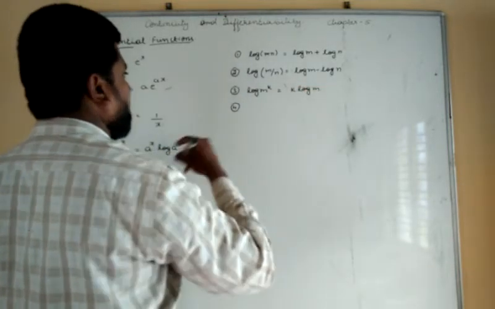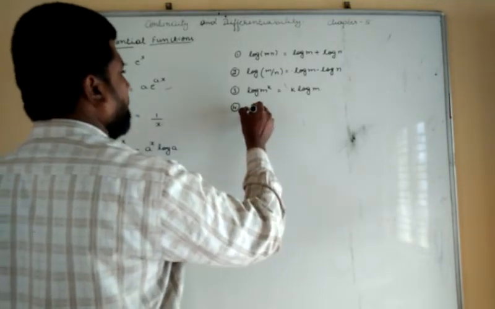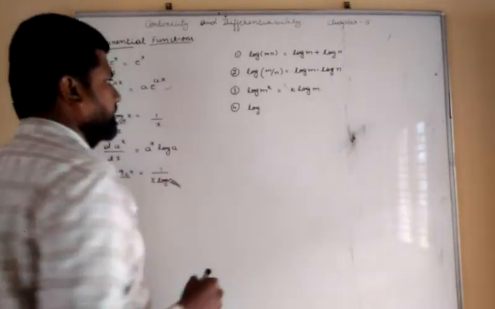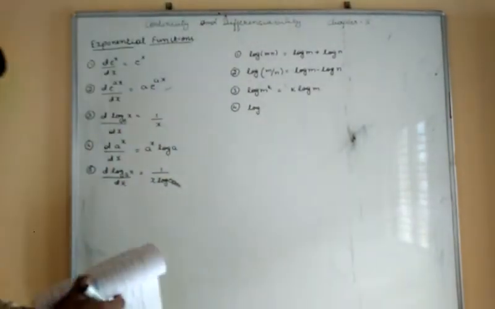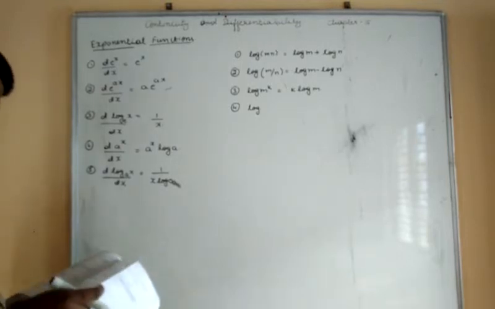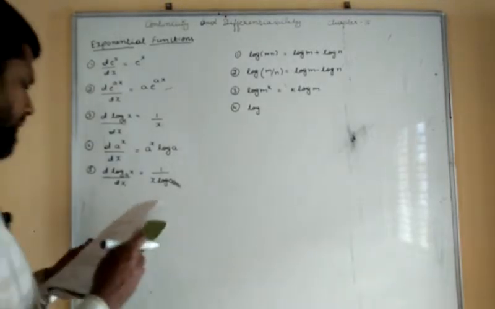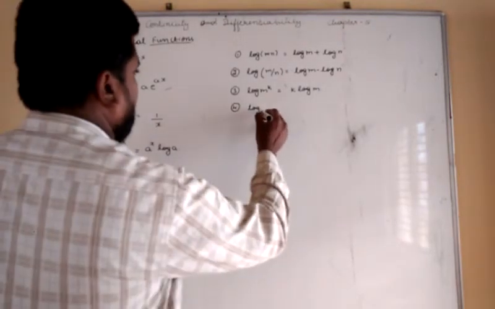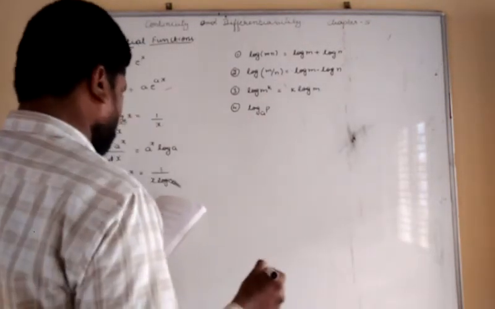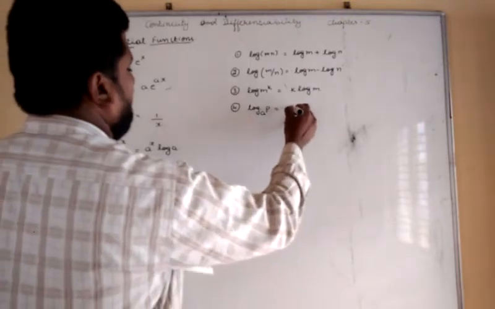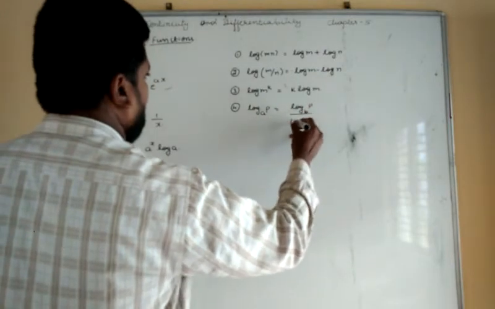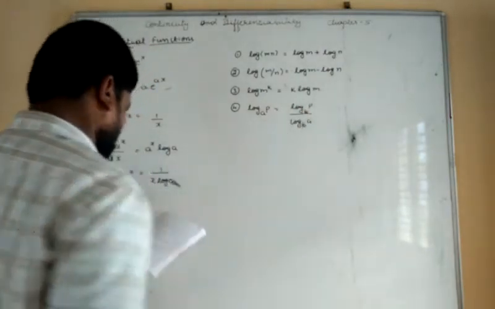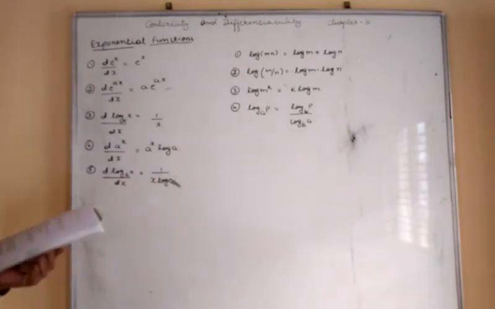Next, for the change of base rule, log base a of p is equal to log base b of p by log base b of a. So these are the 4 laws of logarithms you should remember.